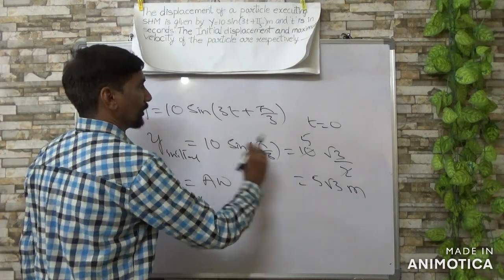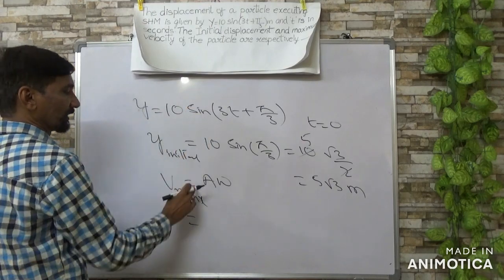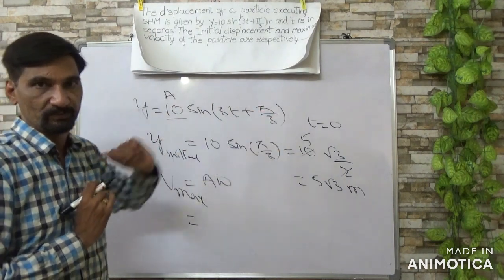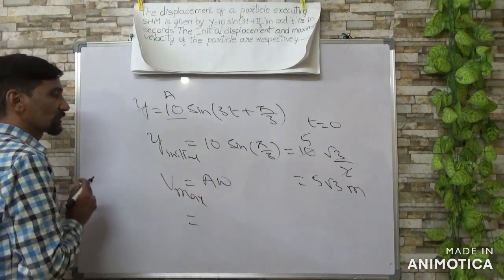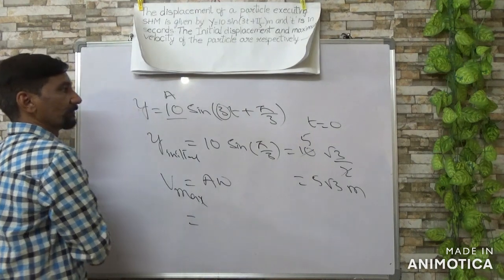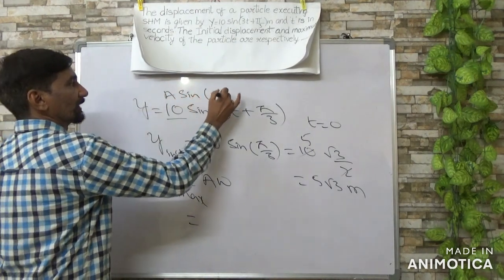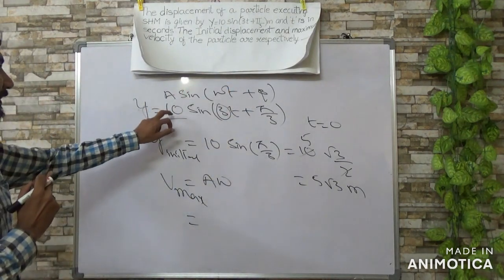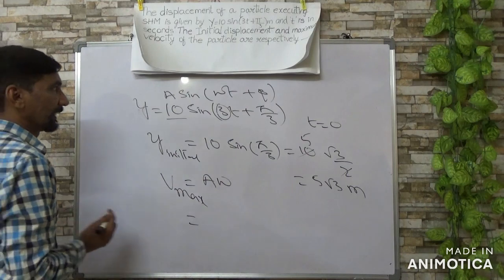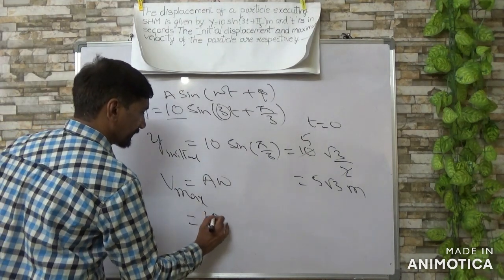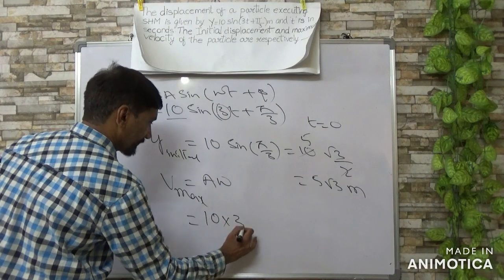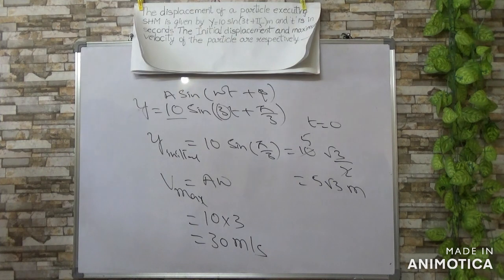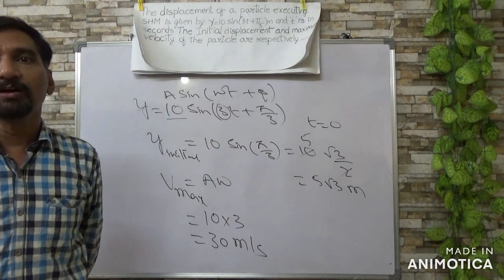Comparing the given equation with a sine omega t plus phase angle, a is 10 units, omega is 3. So 10 into omega 3. So 30 meter per second is the maximum velocity.